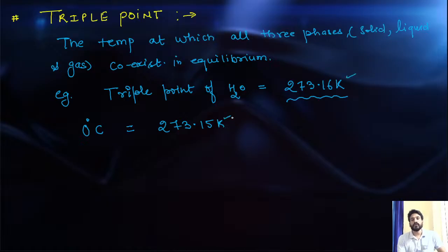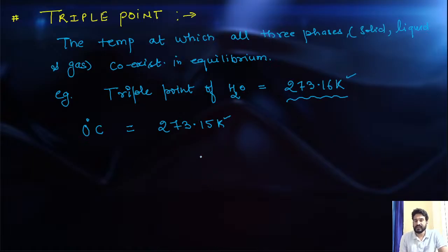In an interview, if the interviewer asks whether 273.16 Kelvin and 273.15 Kelvin are the same thing, you can say approximately yes, no problem. If you look at it mathematically, there is no big difference, only 0.01 Kelvin.